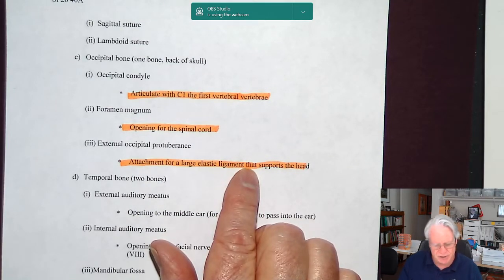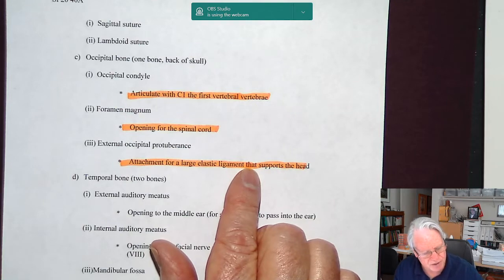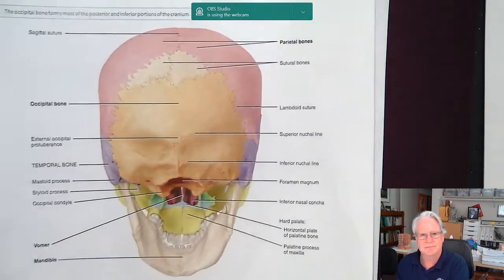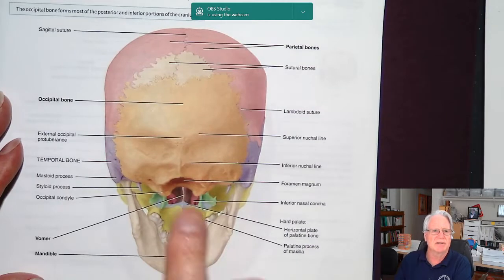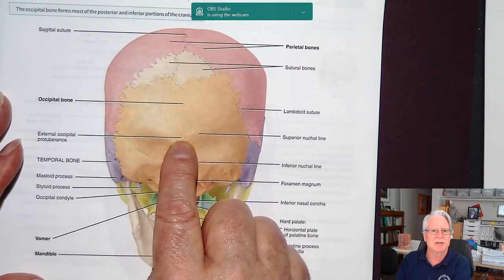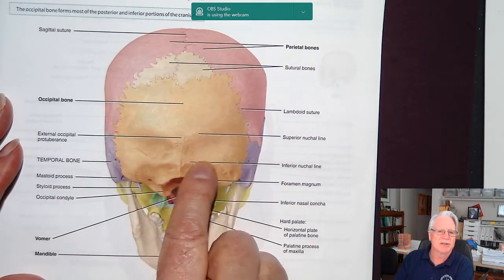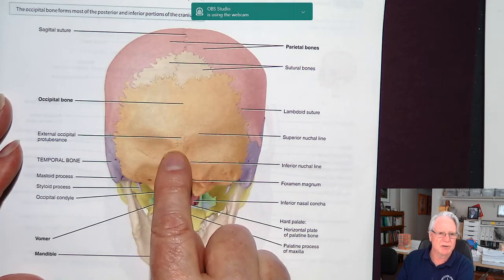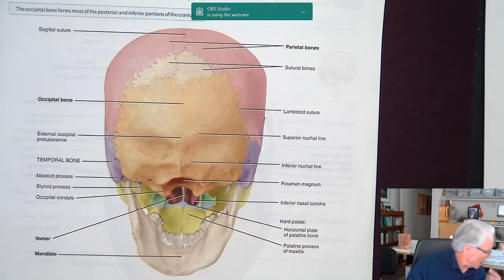Okay. So let's go ahead and take a look at our pictures. Here's one. There's the external occipital protuberance. Okay. There is my occipital bone. Okay. And let's see if we can find that. So coming back to page 10.